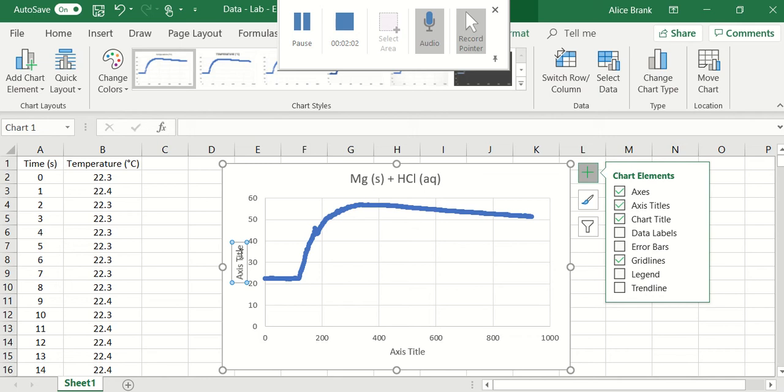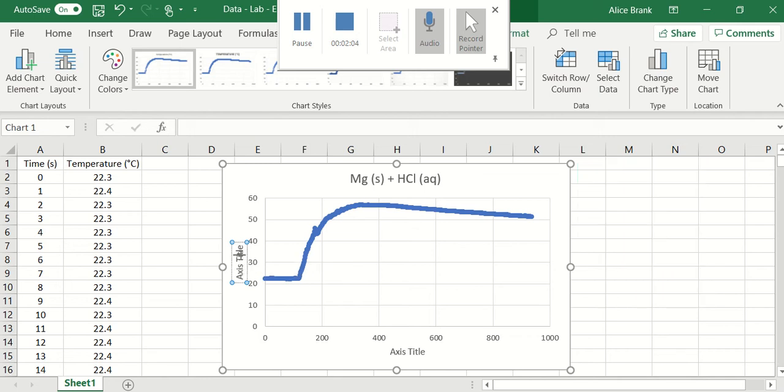When we title our axes, the best titles tell what's graphed, the unit, and the associated uncertainty. So on our y-axis, what do we have? Temperature. You monitored every second.